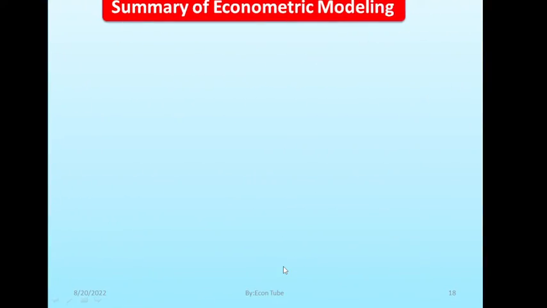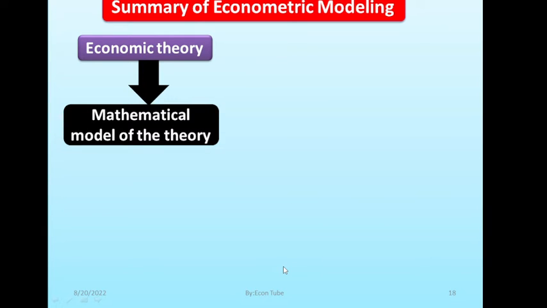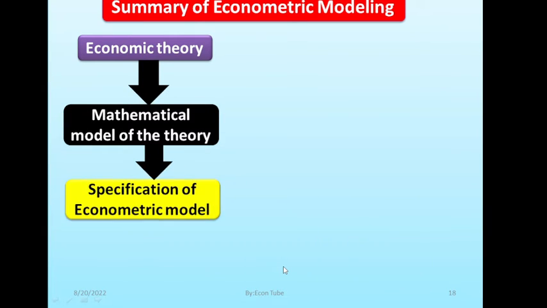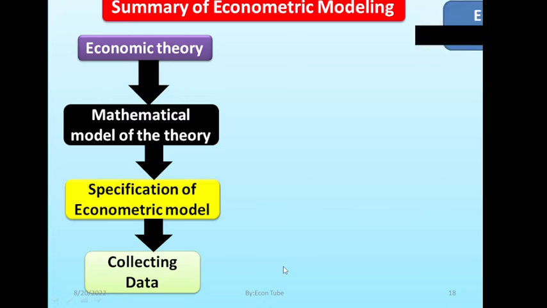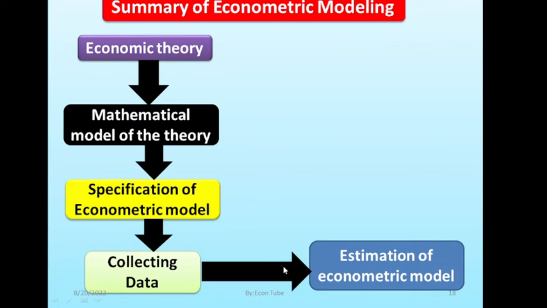Together, the summary of econometric modeling looks like this, which starts from economic theory. Then from theory, derive a mathematical model of the theory, giving a specification for the econometric model. Collect the data on the specification of the model, giving estimation from the collected data by using some software, Stata, or any other software, which is not free.